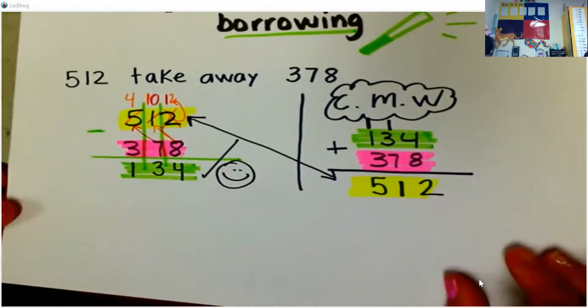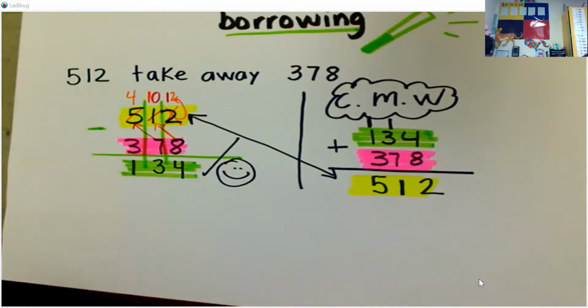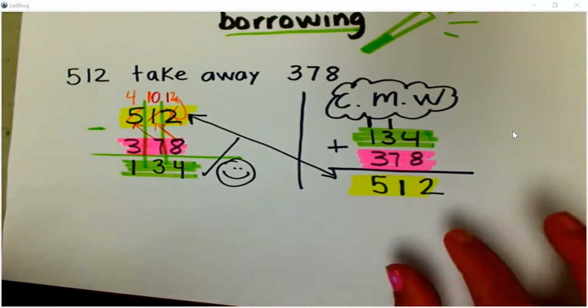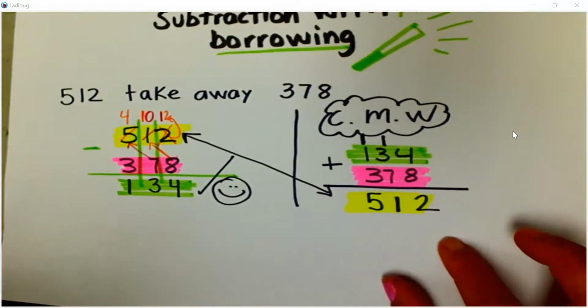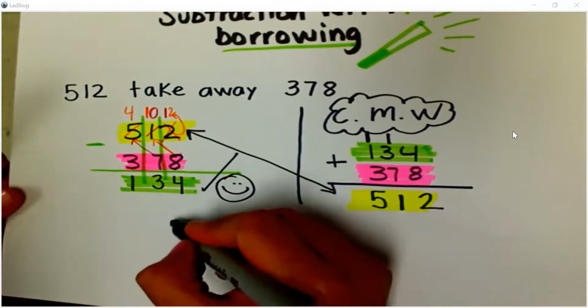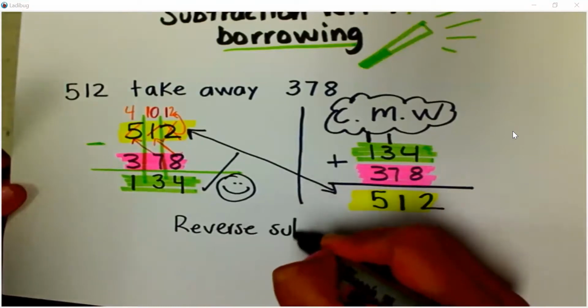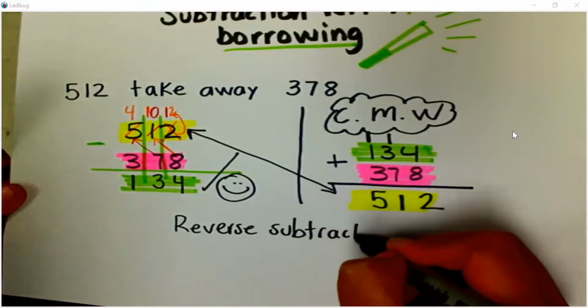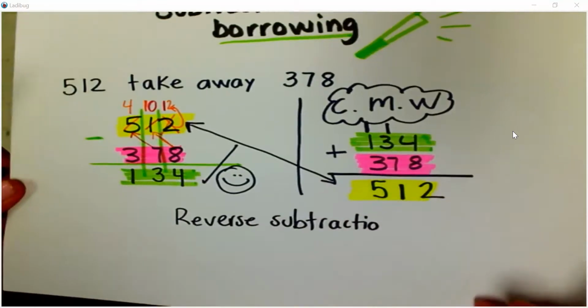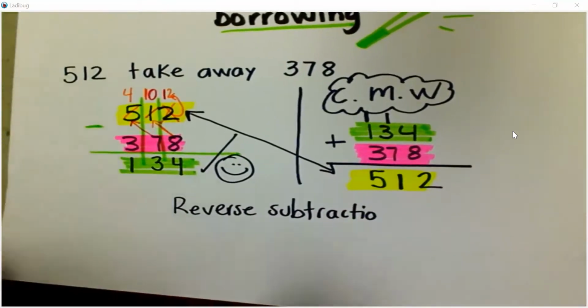Also, for some of my kids, I remember during class, I said to you that you can actually use the reverse subtraction. And how does this one work? For my kids that love to add, remember that you use the same colors.